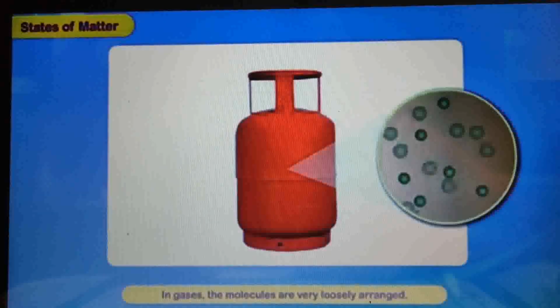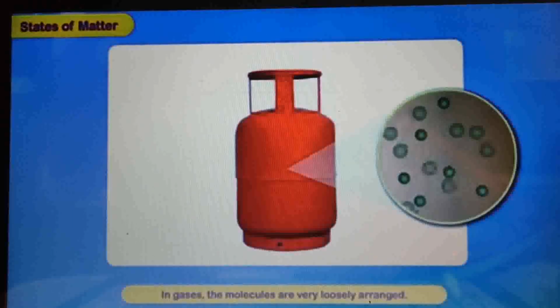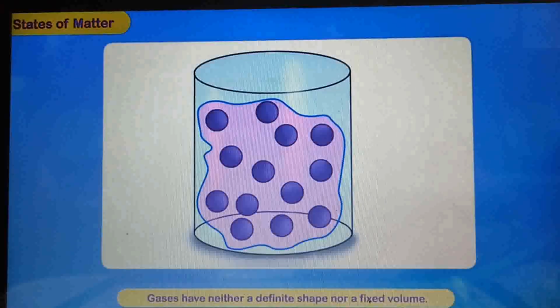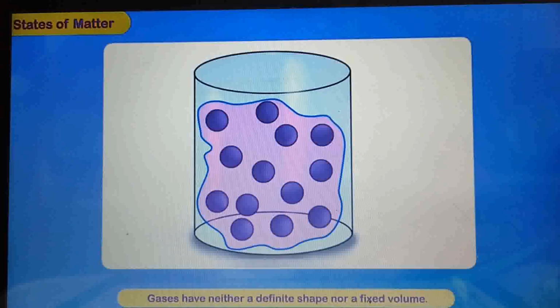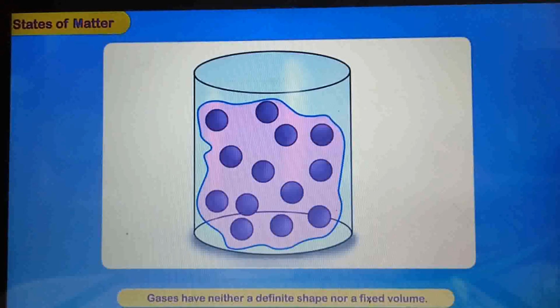Now come to the third state of matter. What is this state of matter called? Gaseous. Children, in our gas cylinder, what is filled? Yes, it is a gas. And in a gas, the molecules are very, very loosely arranged. They have neither a definite shape nor a fixed volume.